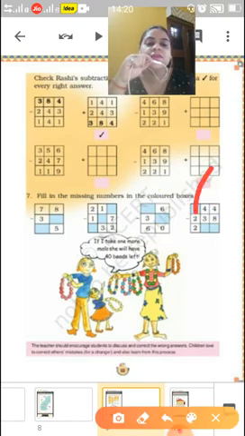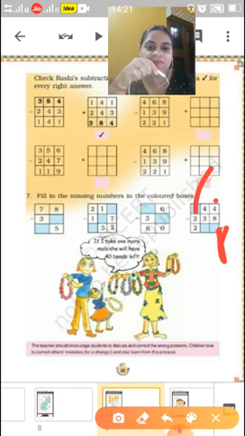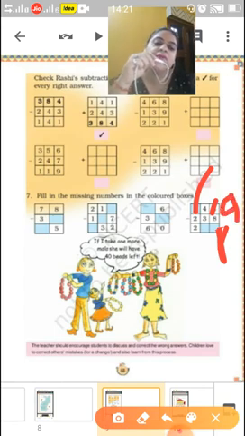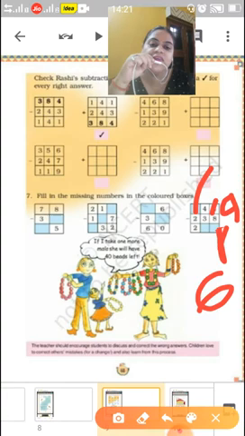What will come in this box? First we will write here 14. 4 minus 8 is not possible, we will take 1 carry, so it will become 14. So 14 minus 8 will come 6. In the first box, 6.